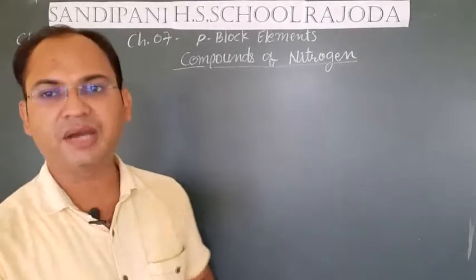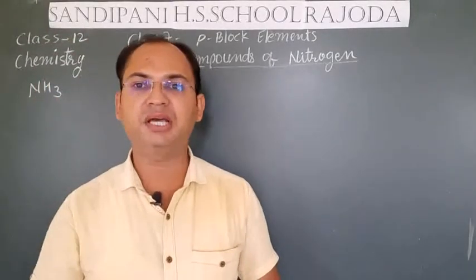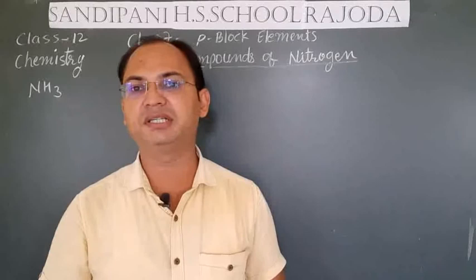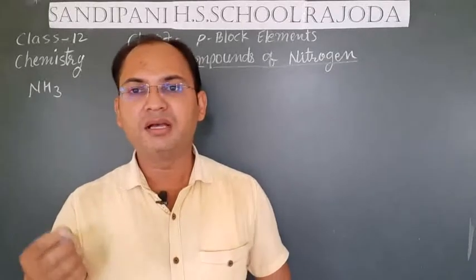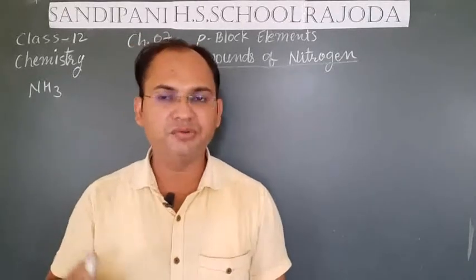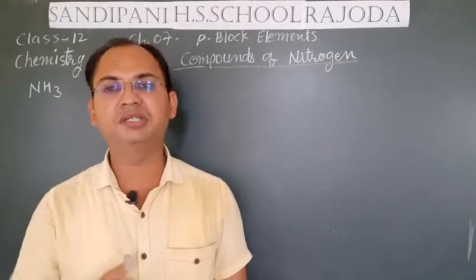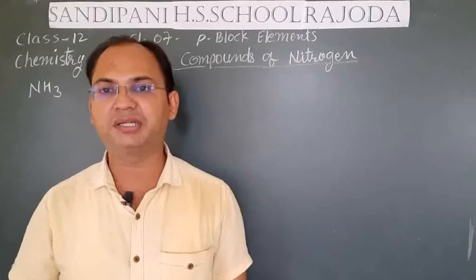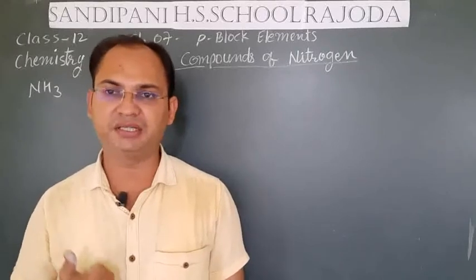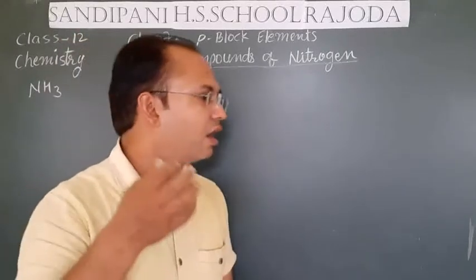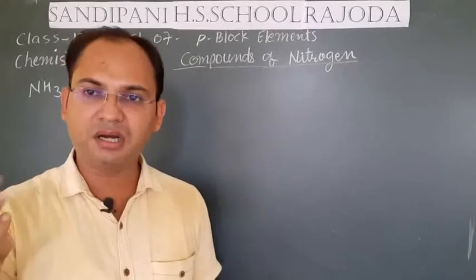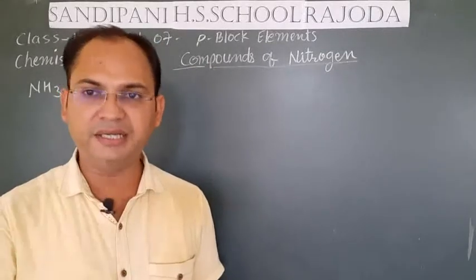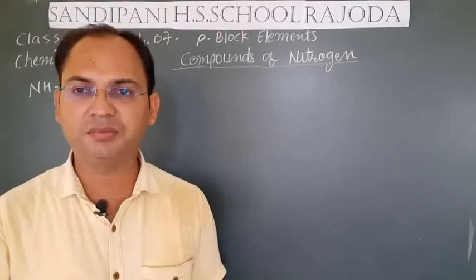Ammonia, students, is widely used in our day-to-day life in the form of refrigerating gas. Ammonia is also produced in nature by the decomposition or reduction of the organic compounds by the bacteria. How can we prepare ammonia on an industrial scale as well as in the laboratory?